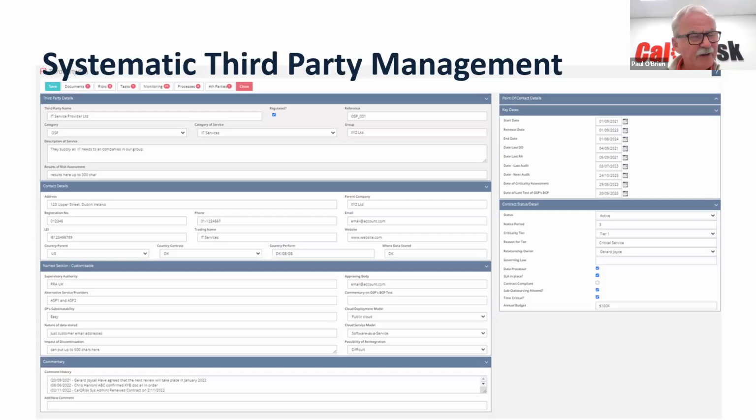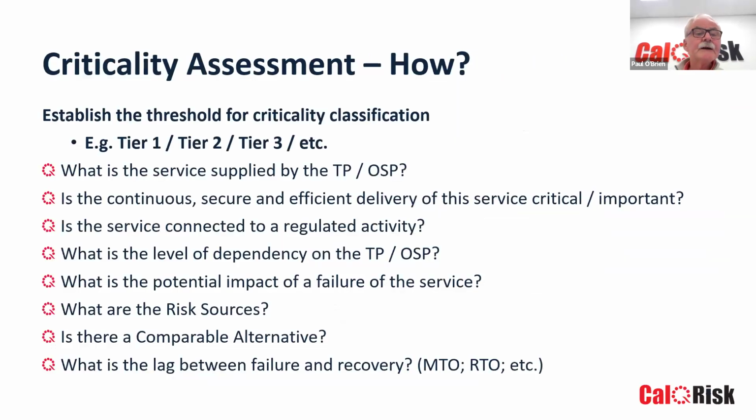But for the minor ones, it's probably just a good place to store the record of their existence and your contract with them, and probably to trigger some review. The criticality, generally, is three layers: tier 1, 2, and 3, or A, B, and C. You probably have your own methodology, or this one is quite common.